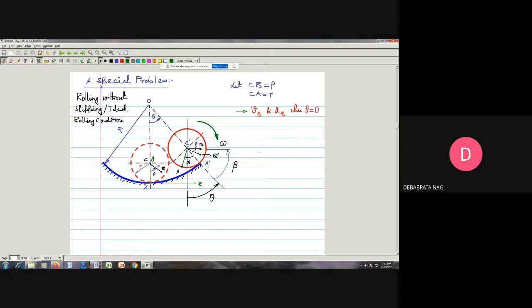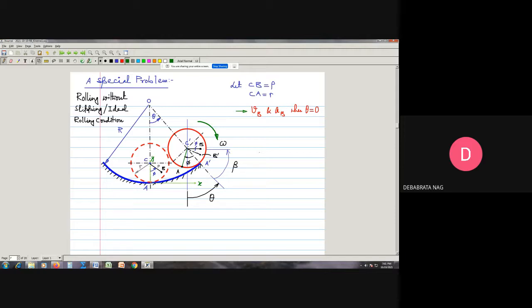So we assume the condition of this body after some time delta t. Let us suppose that this rigid body comes to this location, and we see that while coming to this location, the center point C of this cylinder moves from the location C to C prime.